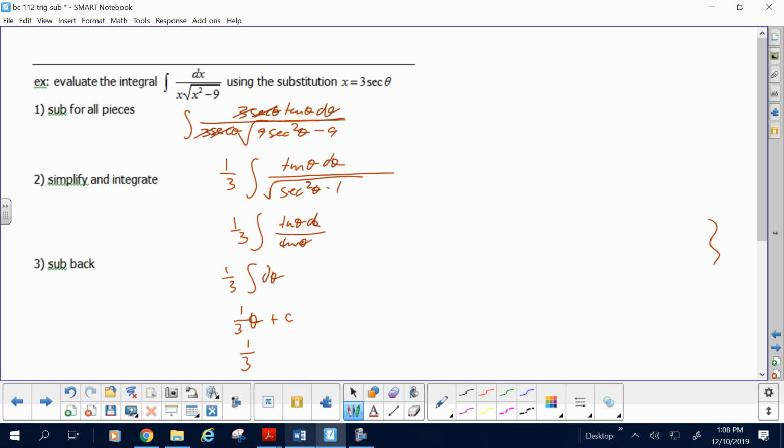If you did things well, remember, just like you said, trig sub is supposed to get you an integral that's easy. Well, it doesn't get any easier than that, right? So did you get 1/3 of arcsecant of x over 3 plus c? How do we do?